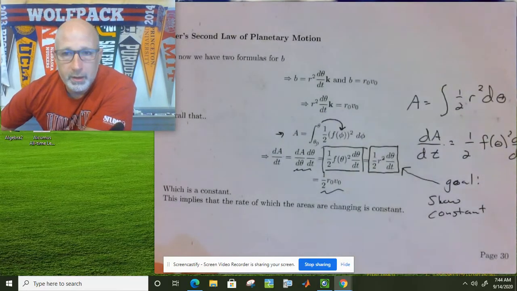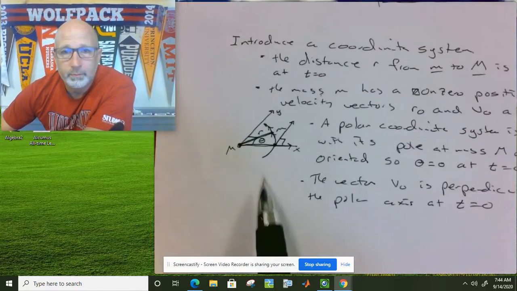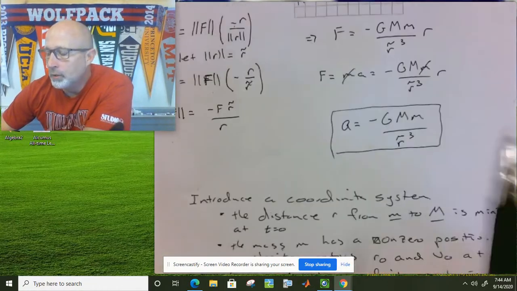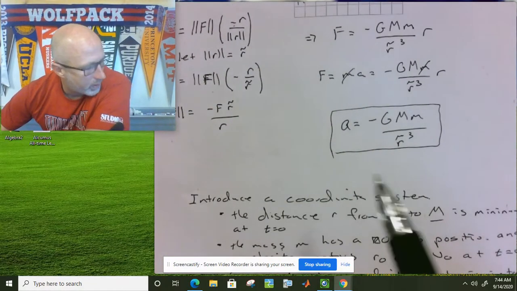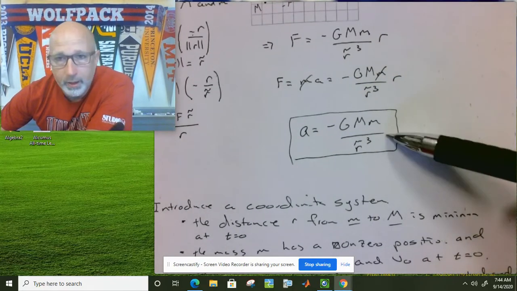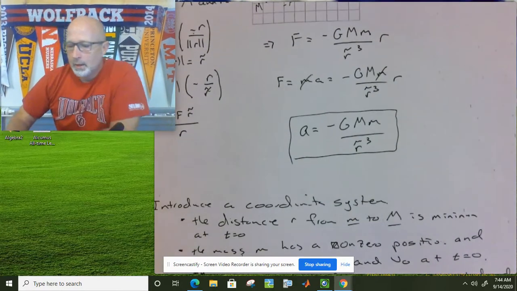So what did I do? We set up a coordinate system, and using this coordinate system and Newton's law of universal gravitation, we came up with this. So now what?